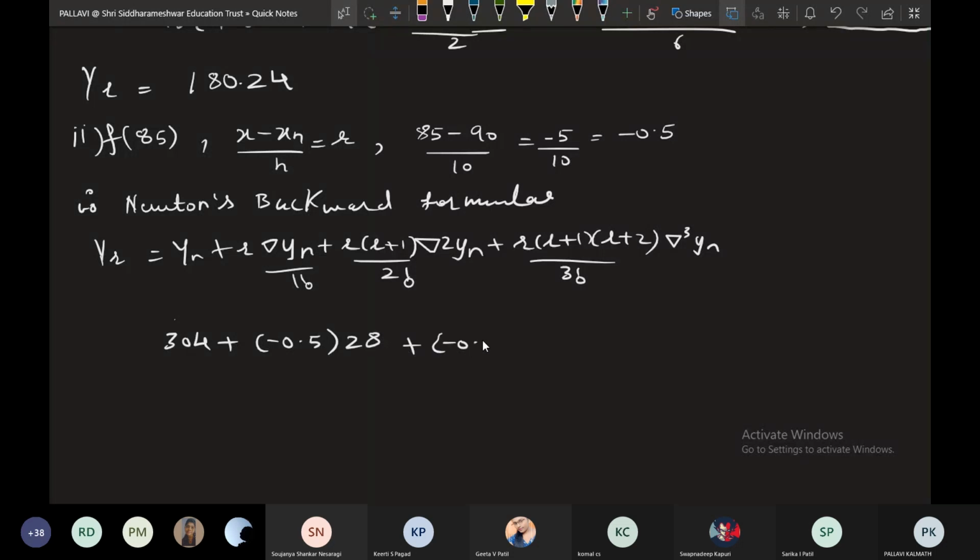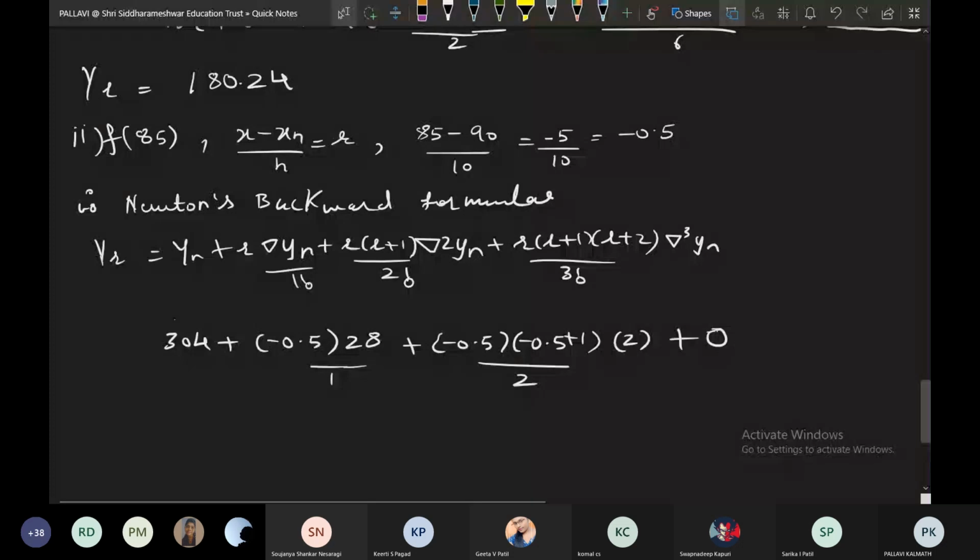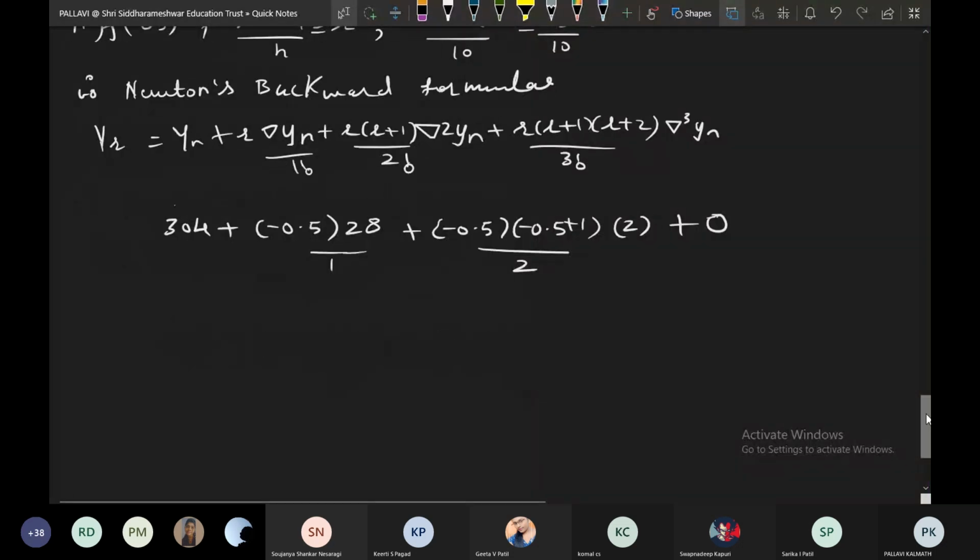Then minus 0.5 into minus 0.5 plus 1, divided by 2 factorial, which is 2, and 1 factorial is 1. Then what is the difference? In the second difference table, it has 2. What about the third difference? Shall I write a 0 directly? Yes, ma'am. Okay. Therefore, calculate it and tell me the answer you are getting.